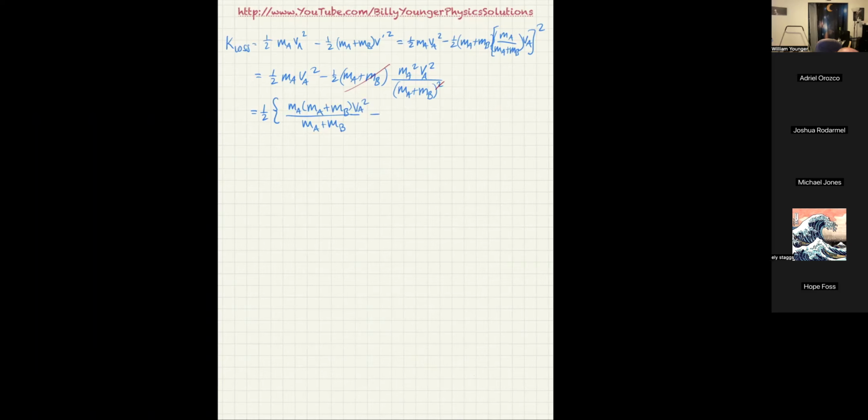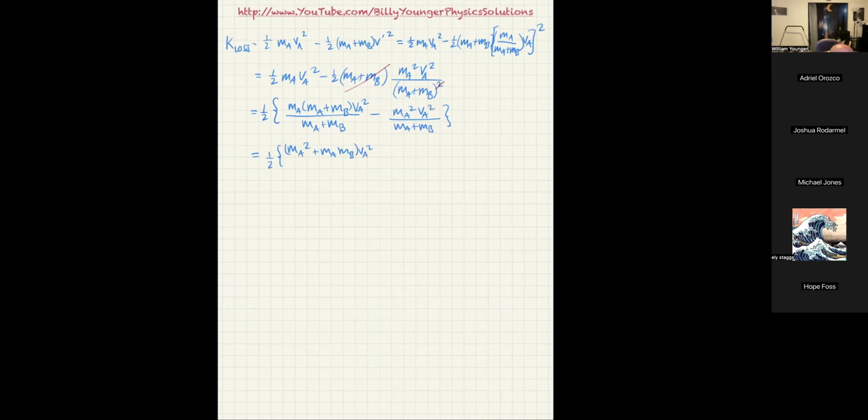And the second term is going to be MA squared VA squared over MA plus MB. And you see that we do have, in fact, a common denominator. Now I'm going to distribute, leaving the 1/2 out in front still, and this becomes MA squared plus MA MB, and all of that has to be times VA squared.